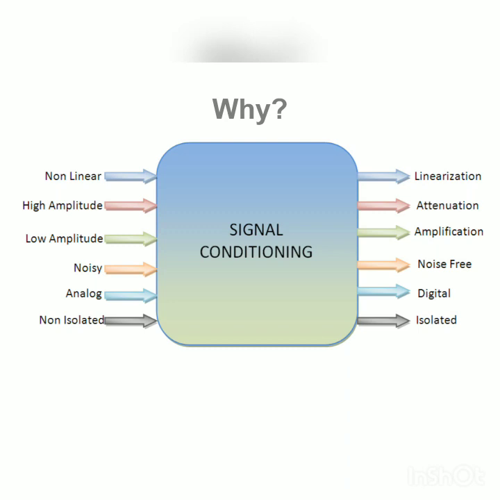If you have to interface the sensor with any digital circuit or a microcontroller or a computer system, then it must be converted into a digital one. And as we know, to avoid the loading effect, the sensor and its circuit may be isolated.